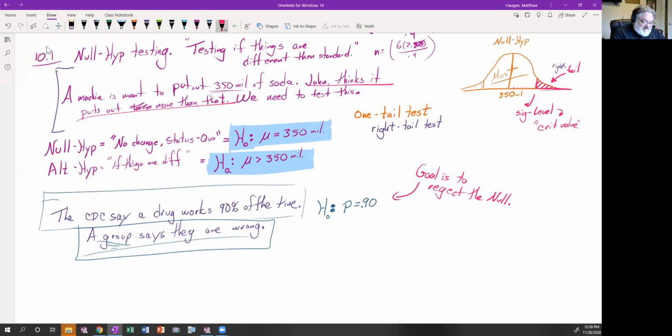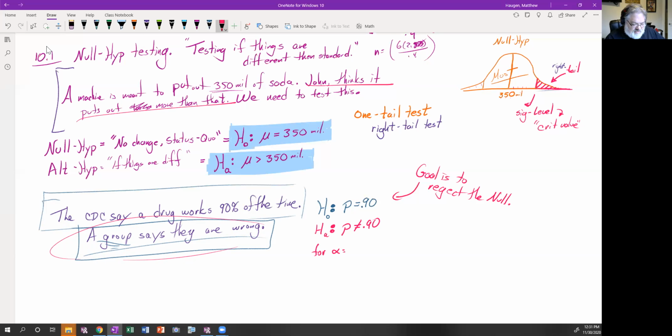We want to say, is there enough evidence to show what these alternative people are saying? Is there enough evidence to show that it is not equal to 90%, to some significance level alpha.